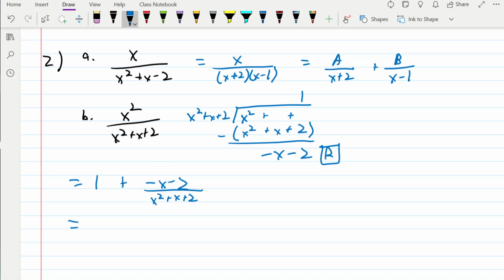And then this fraction right here is going to be equal to ax plus b over x squared plus x plus 2.